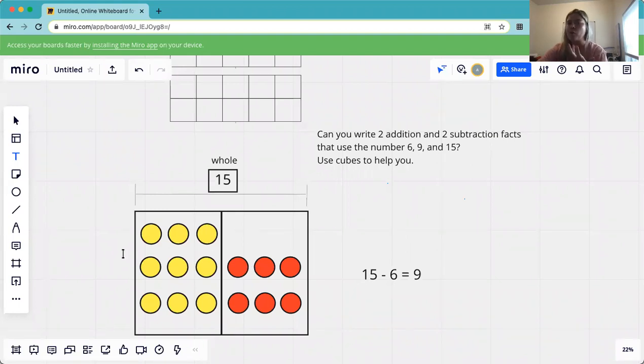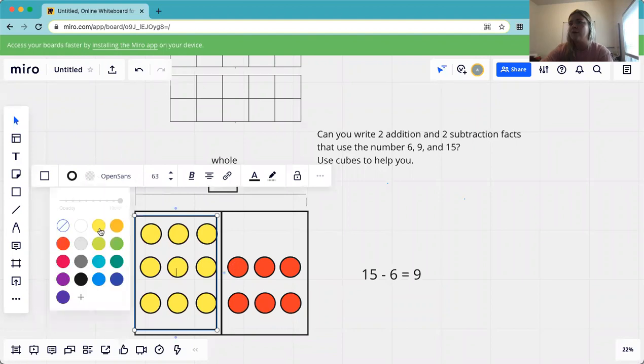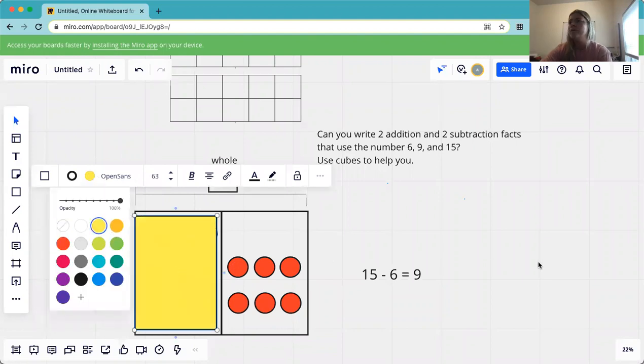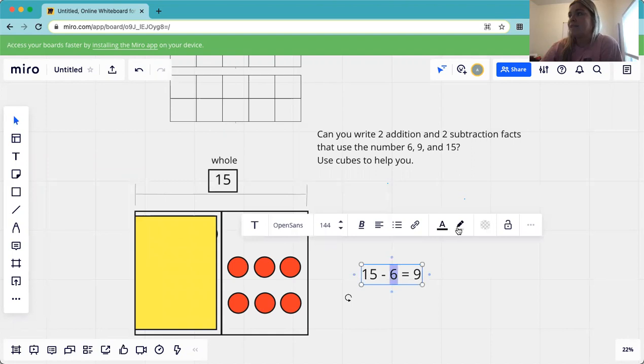Now I want to think, what is the one part that we do know of? What is the part we know right now? We know that my part right here is my 6.